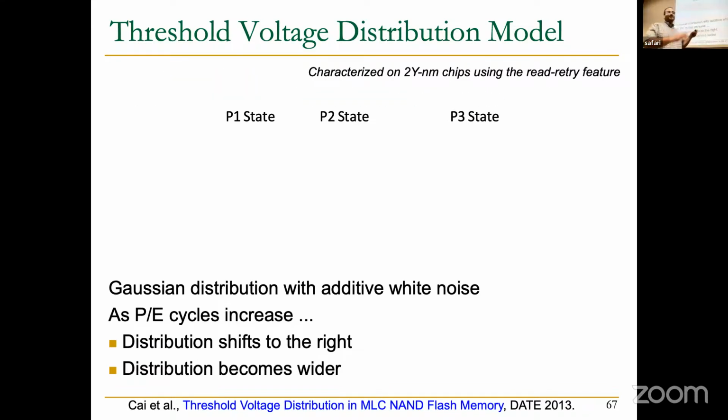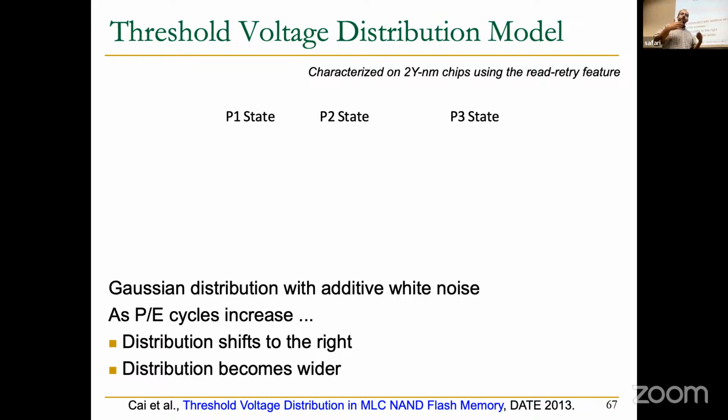Anyway, it was supposed to be a Gaussian distribution. As I showed for the distribution of threshold voltages, we actually modeled that with a Gaussian in the earliest stages of this work.